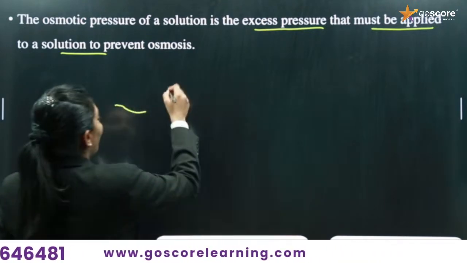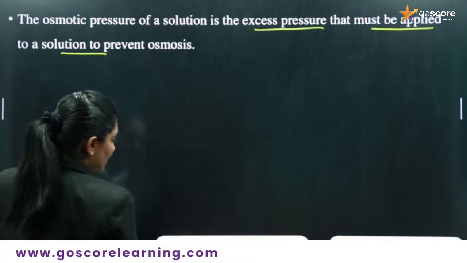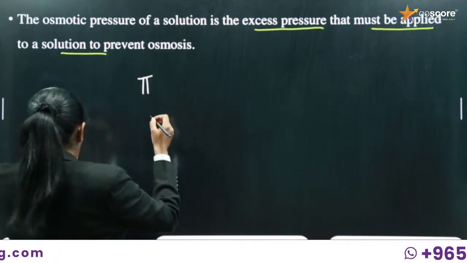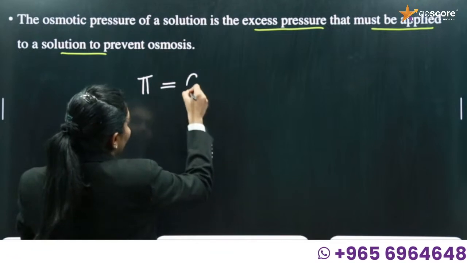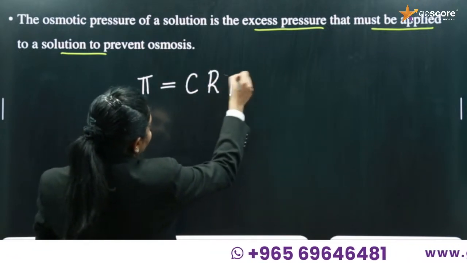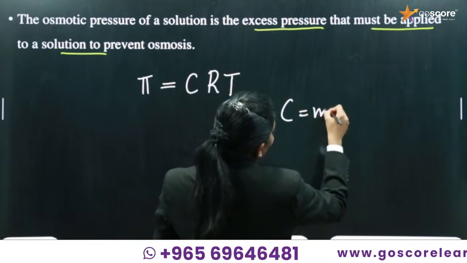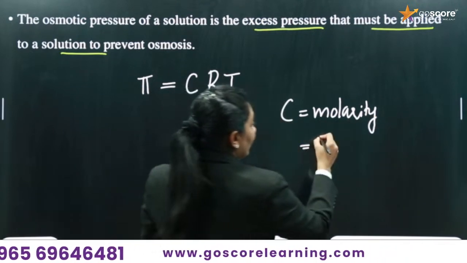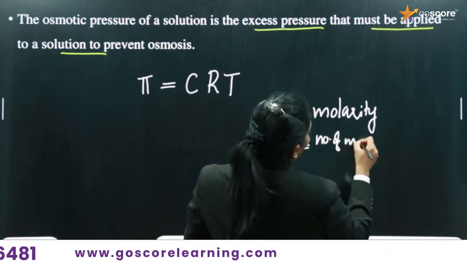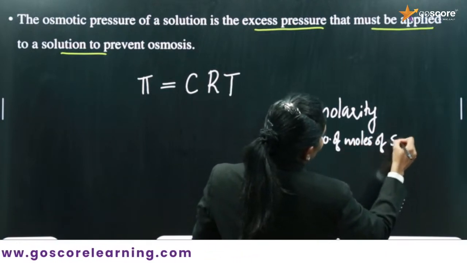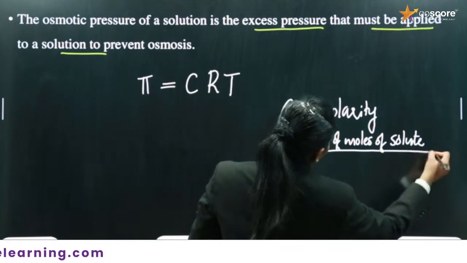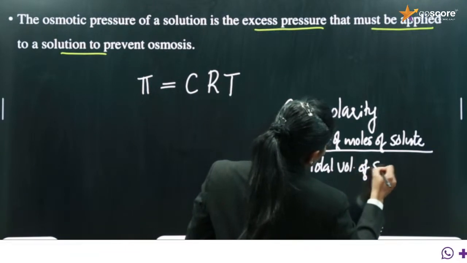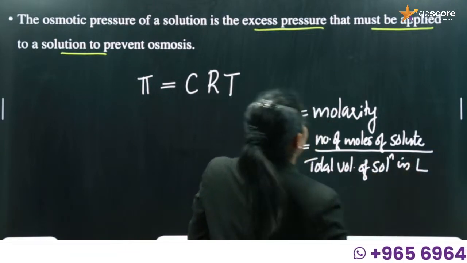for osmotic pressure. I have told you the osmotic pressure is expressed by pi, and it is proved that the osmotic pressure is equal to CRT, where C is nothing but the molarity. Molarity is the number of moles of solute divided by total volume of solution in liter, right?